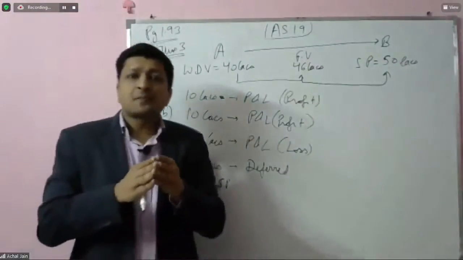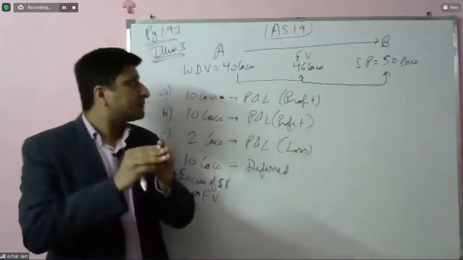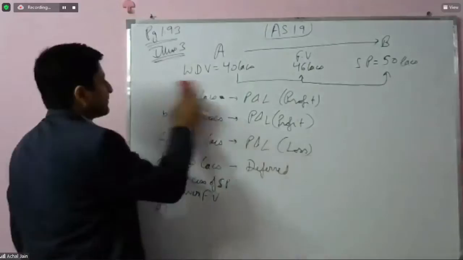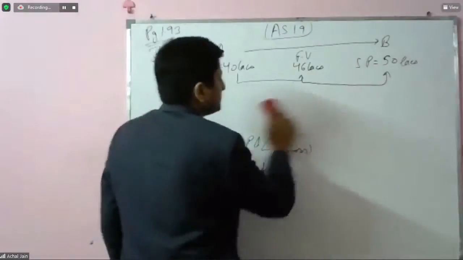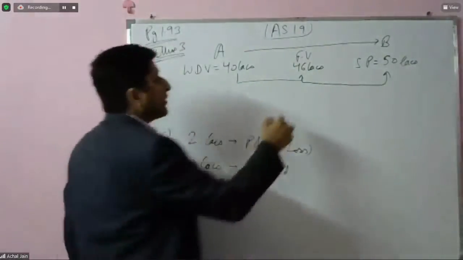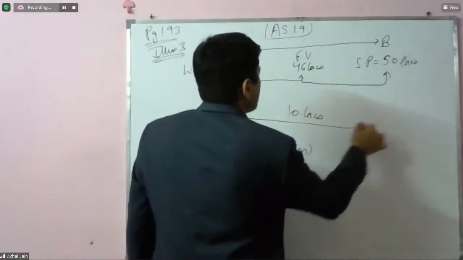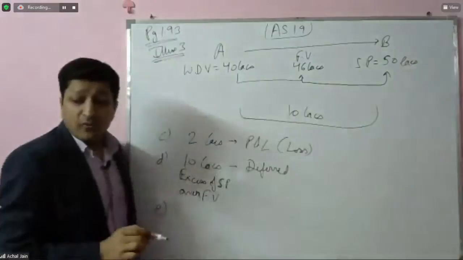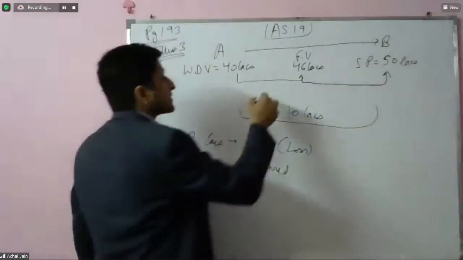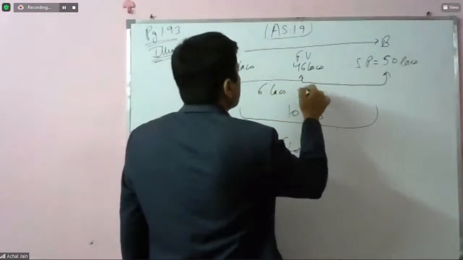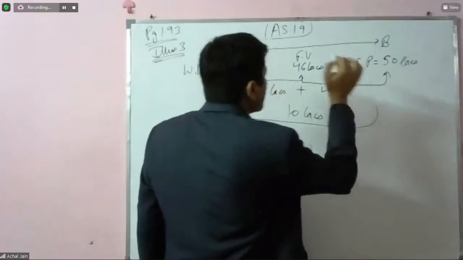So now we are splitting this profit into 2 parts. Please understand. We have earned a profit of 10 lakhs. This profit of 10 lakhs has 2 components: 6 lakhs plus 4 lakhs.